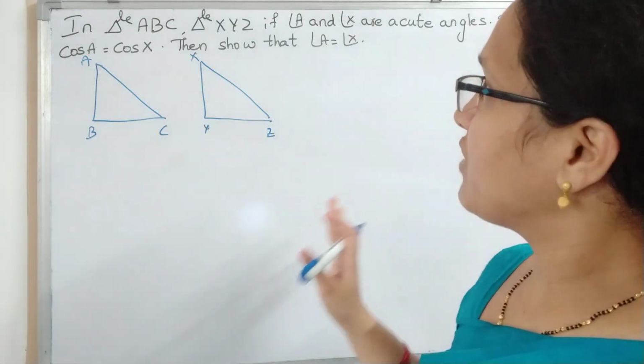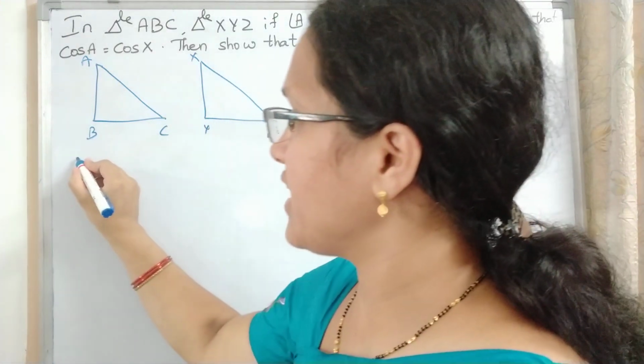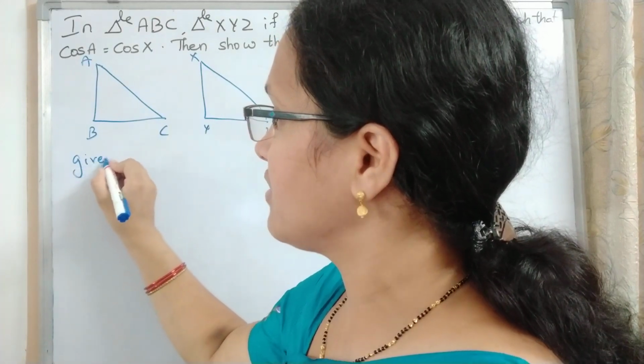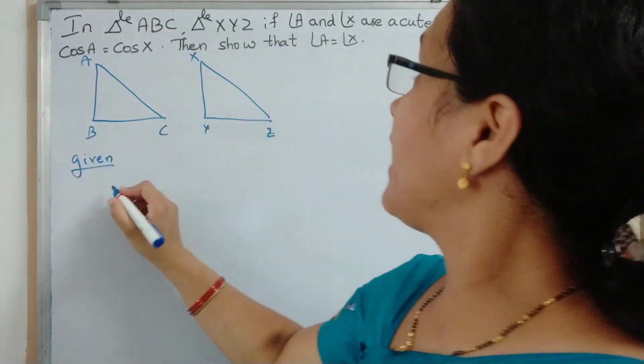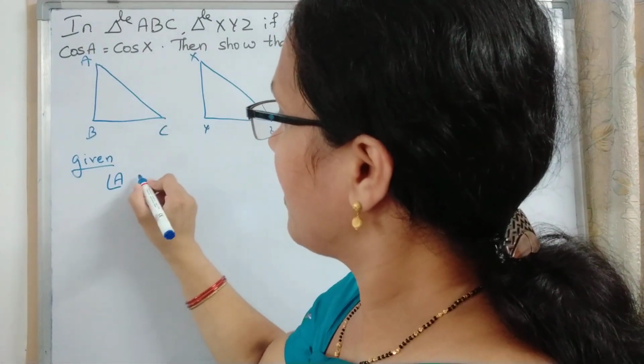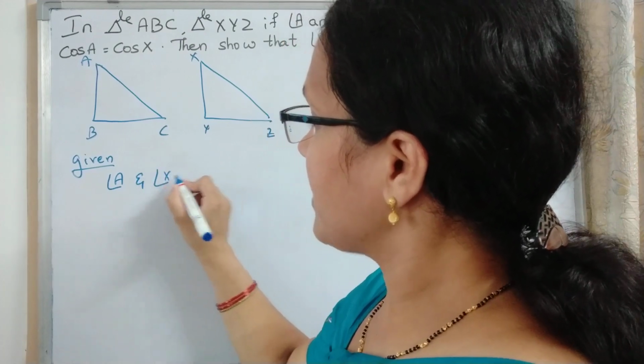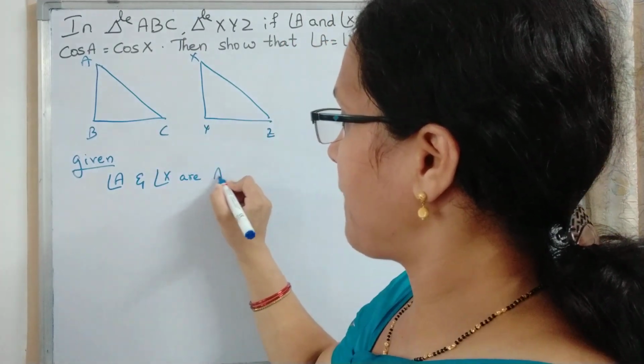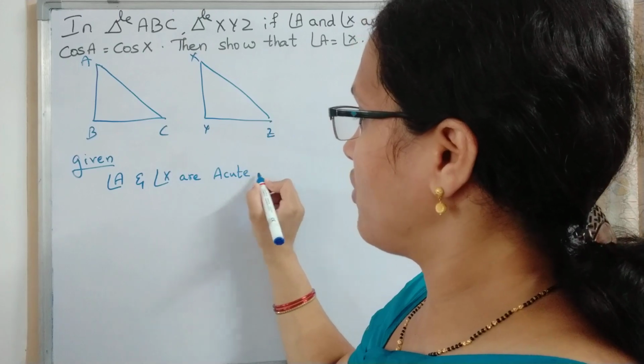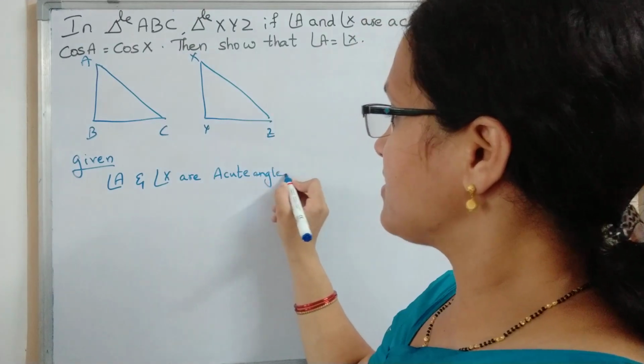What is given in the question for us? The two triangles are given, and angle A and angle X are acute angles. Is that clear?